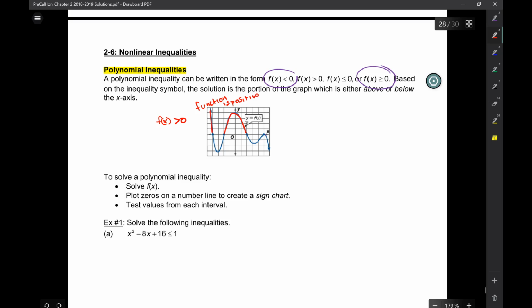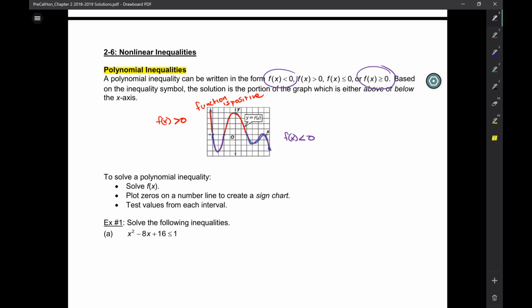Now, if I say f of x is less than 0, then those are all the regions where the graph is below the x-axis, okay?